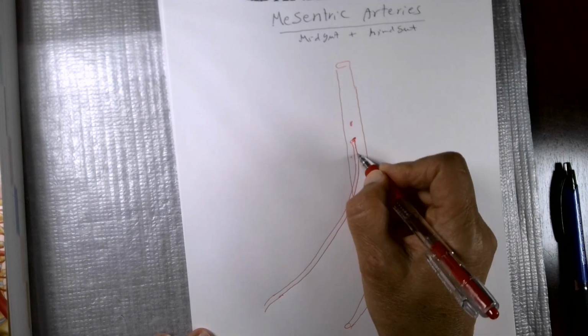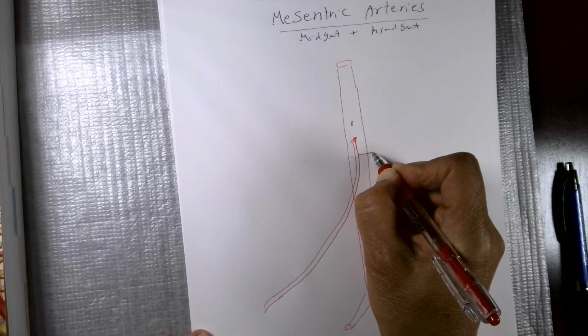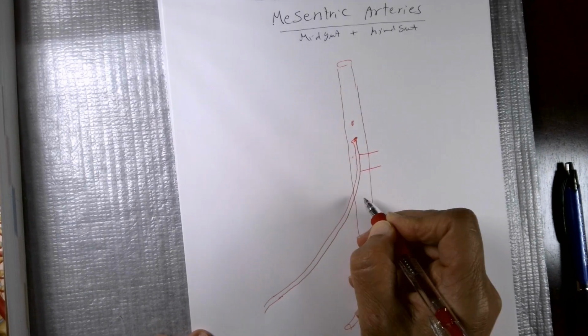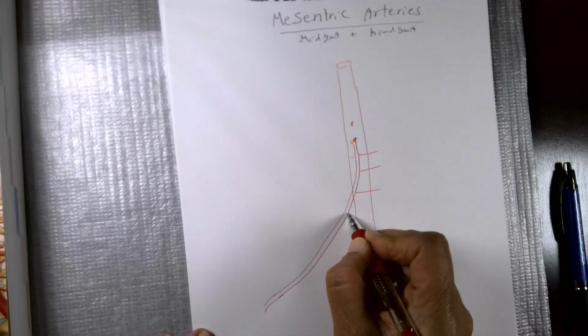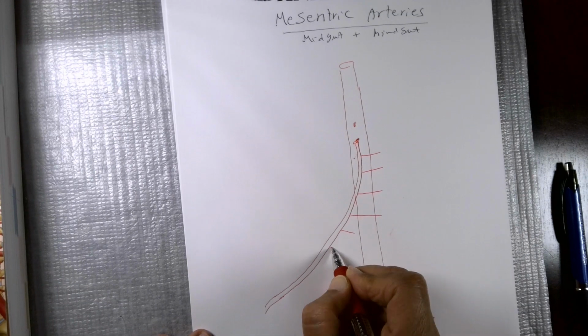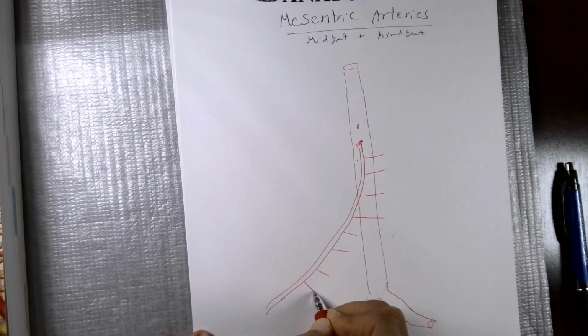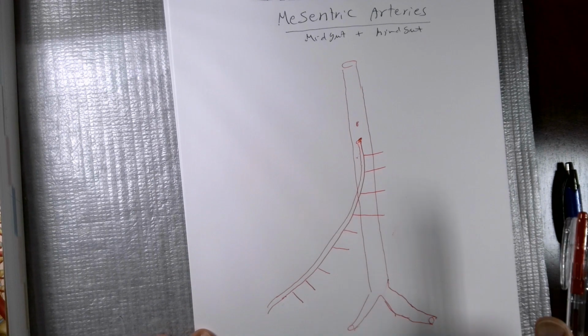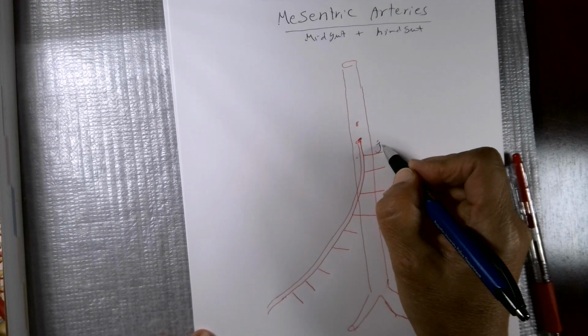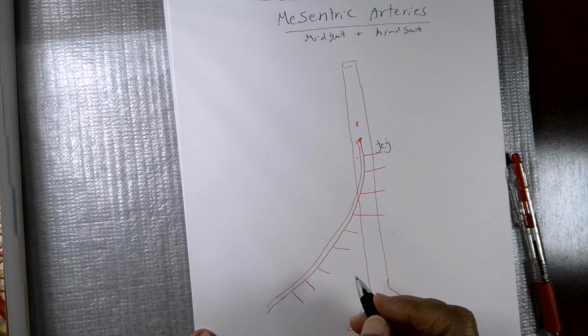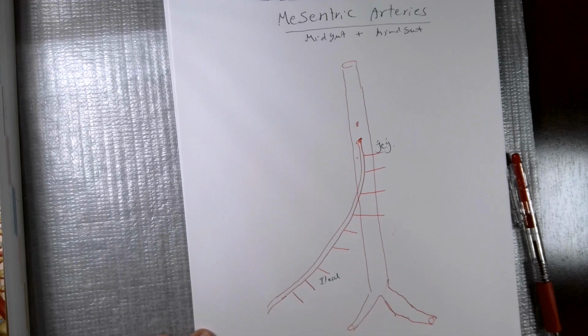We call them jejunal and ileal branches.